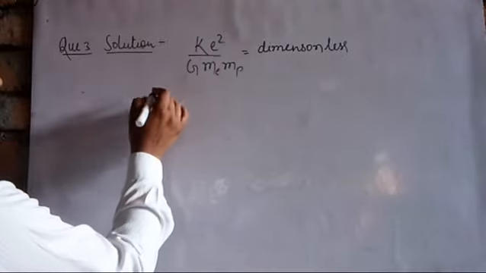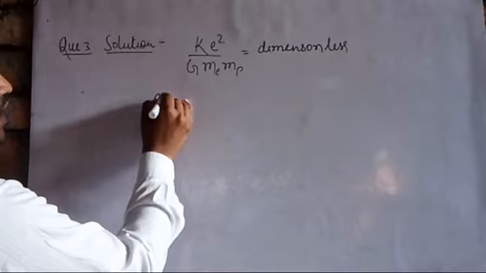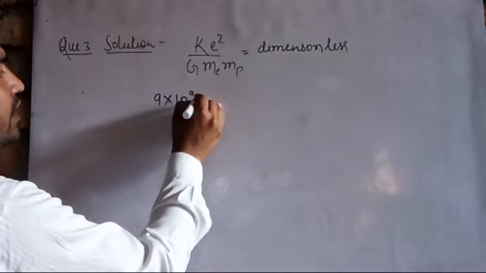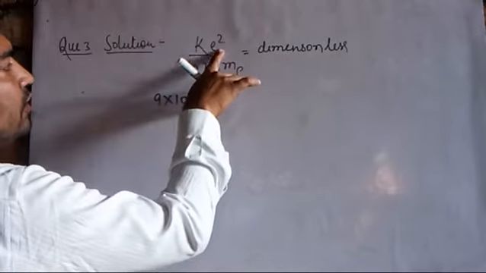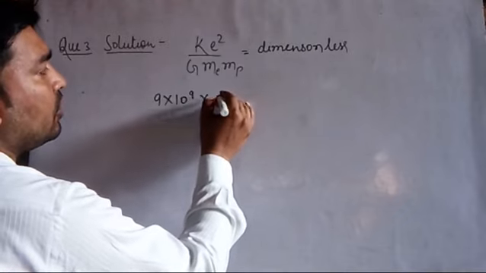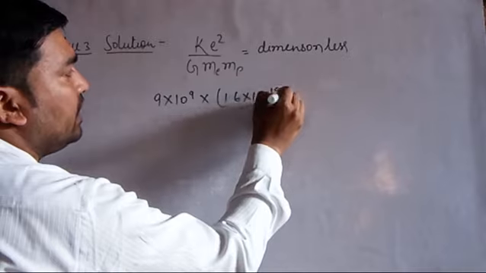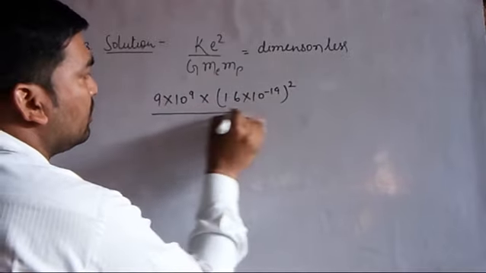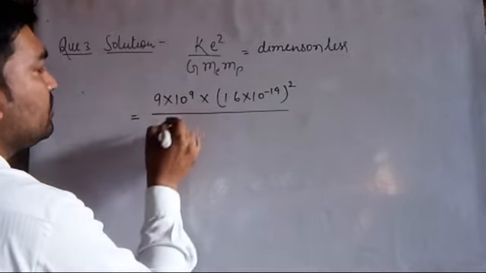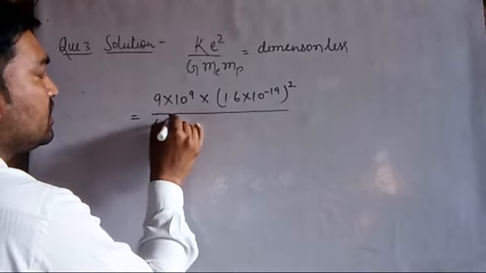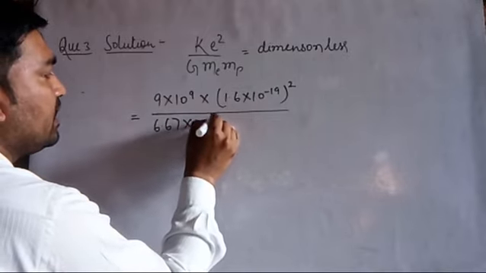The value of k is 9 into 10 to the power 9. The value of charge of electron or proton is 1.6 into 10 to the power minus 19, squared, upon the value of G, which is 6.67 into 10 to the power minus 11.